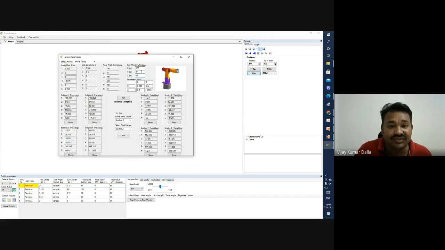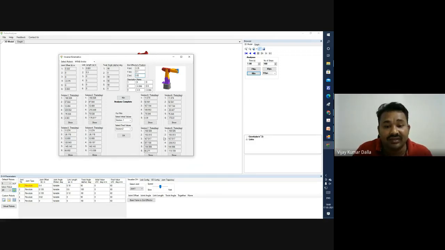The end effector positions, x is equal to 0.35 meter, y is equal to 0.1, like that. So the end effector positions are fixed. But depending upon the other inputs like joint offset, link length, twist angle, the joint variables are changing. Okay, means we are getting multiple solutions to reach the same goal point.